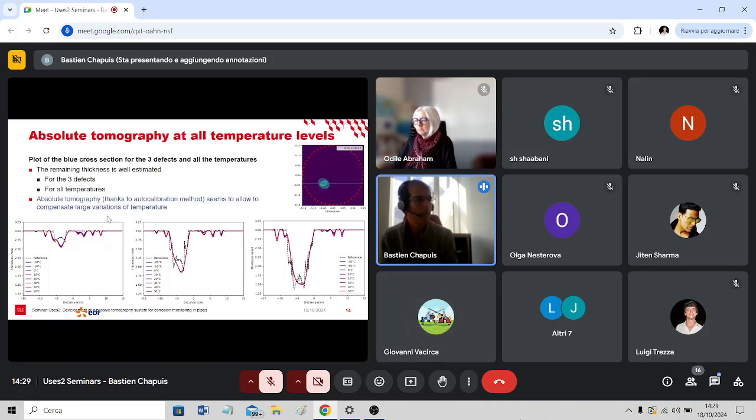It's really because, for example, when you have the line at 50 degrees, to obtain this thickness map you need signals that are measured only at 50 degrees.